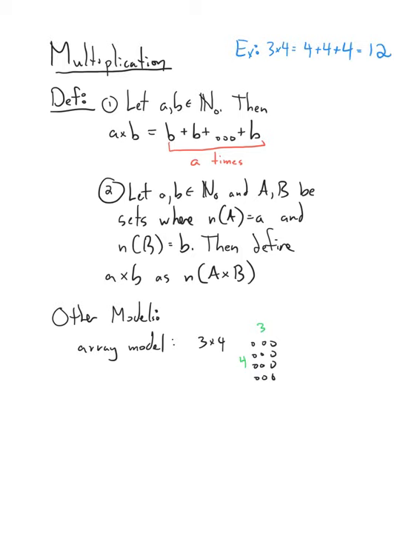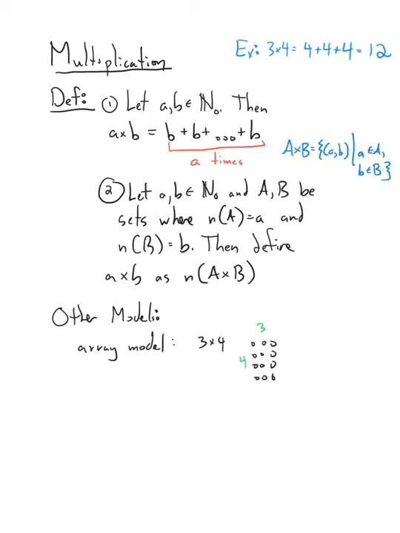Another way of looking at multiplication, we could go straight from sets. If you remember from before, we have this idea of the Cartesian product of sets. The Cartesian product is everything of the form (a, b), ordered pairs, such that your first element is in your first set and your second element is in your second set.